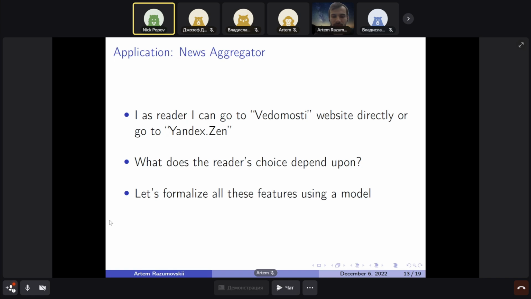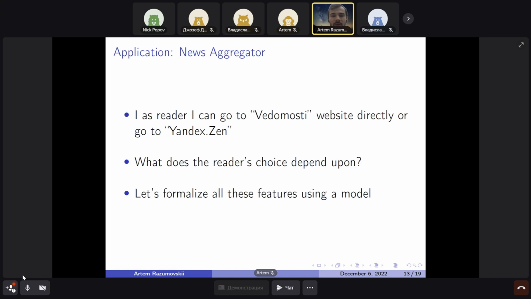And at the same time, I can go directly to some kind of good paper website, and I will see only high quality articles, high quality news, but I will lose this kind of choice, the diversification of news, right?